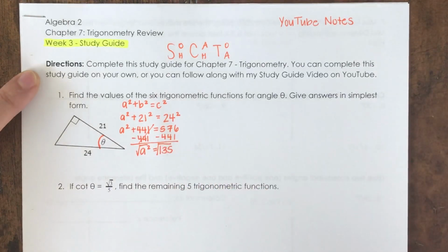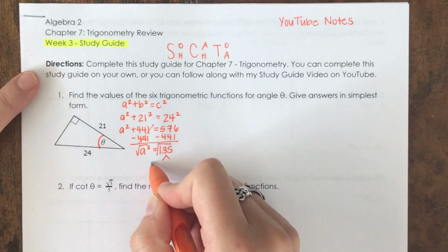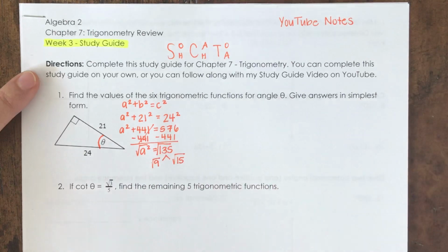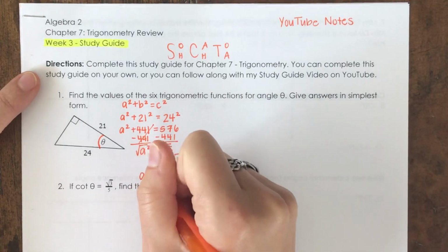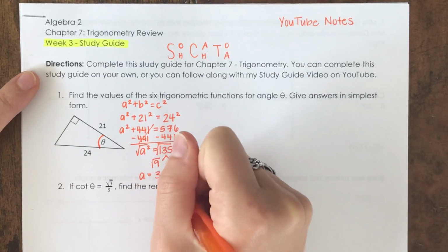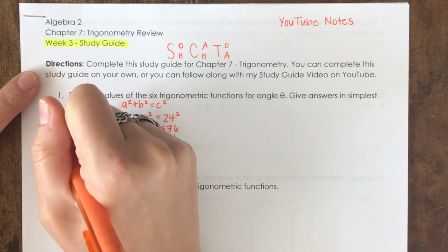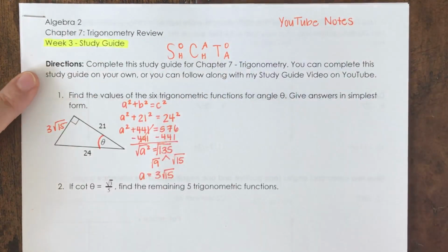The square root of 135 is not a perfect square, but I can break it down to be a perfect square times another number. 9 times 15 gets me to 135. The square root of 9 is 3. That's a perfect square. So my a value is 3 radical 15. So this last side over here is 3 radical 15.